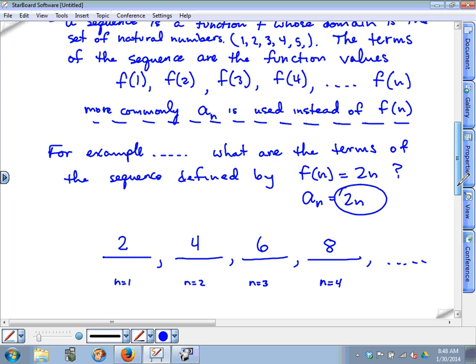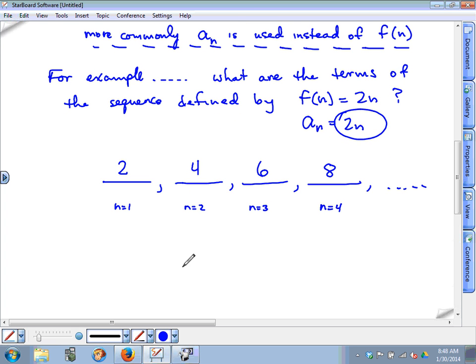Okay? Another way I think is helpful to visualize this pattern, if this is a function, which it is, we can imagine this using an input-output table where we have n and a sub n values. If n equals 1 and then n equals 2 and then n equals 3 as our inputs, what were the corresponding outputs?